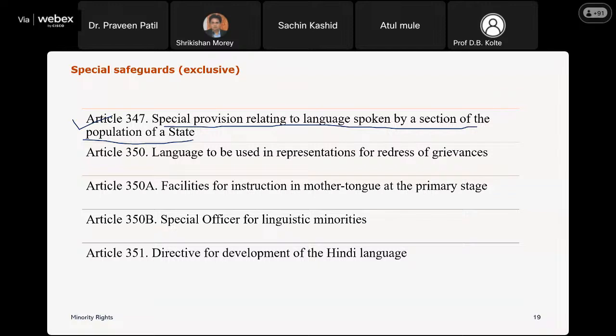The best example is, there were many complaints from Belgaum to the President of India under Article 347 that a substantial portion of the population in the state of Karnataka, especially Belgaum district, speaks the Marathi language.